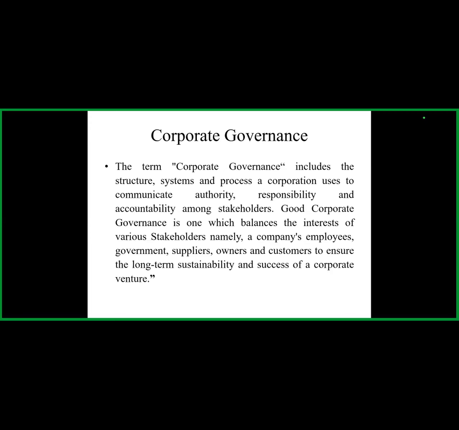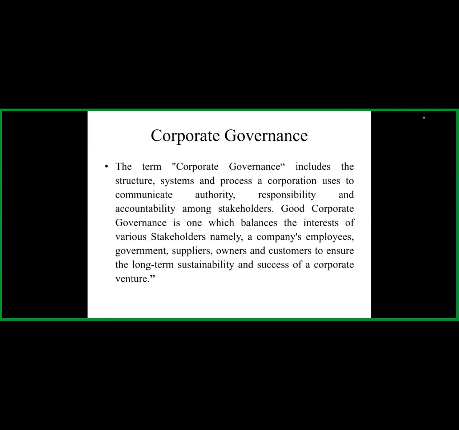And that is called authority, hierarchy. A corporation uses it to communicate authority, responsibility, and accountability among the stakeholders. Not only do all the employees come to know, the other stakeholders also, not only the shareholders, it can be the government, the suppliers, the customers. All these people are included in stakeholders.